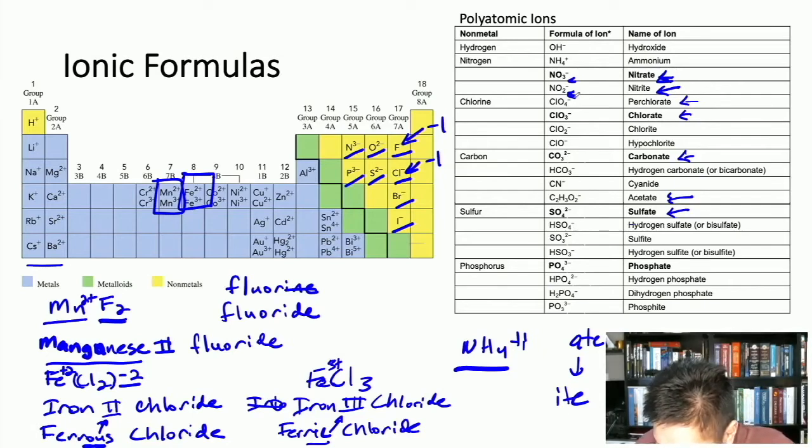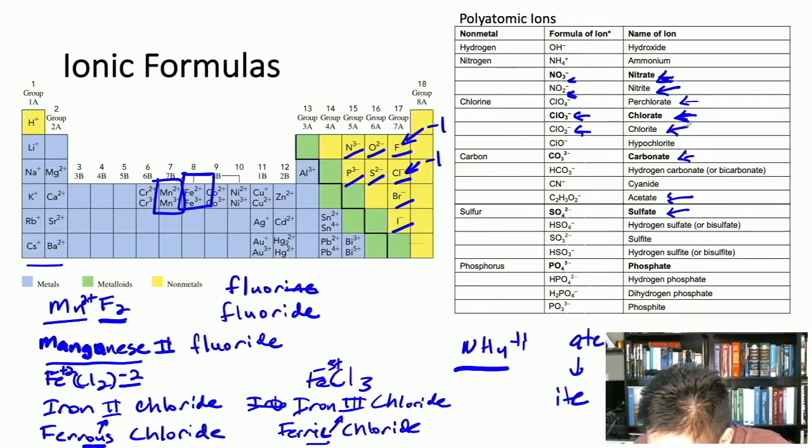For example, ClO3 right here is the chlorate polyatomic ion, right? But if it loses an oxygen, it becomes ClO2 minus.